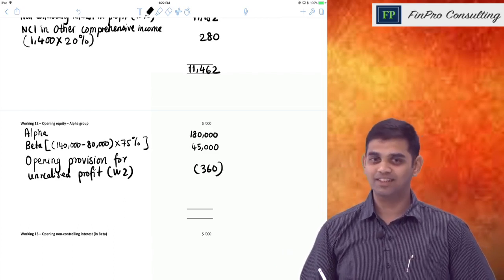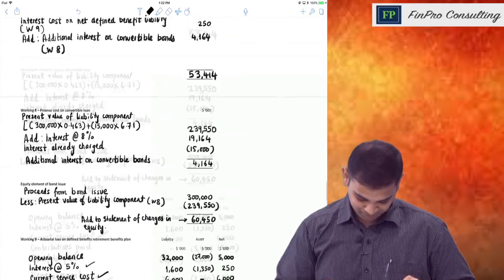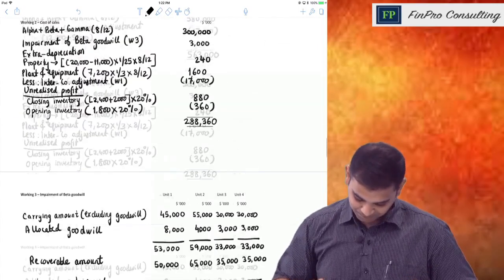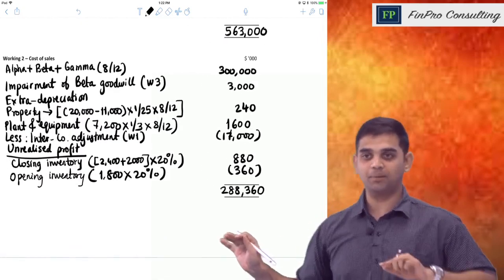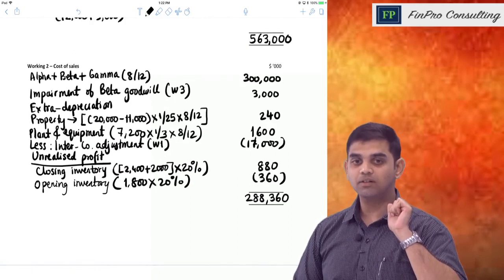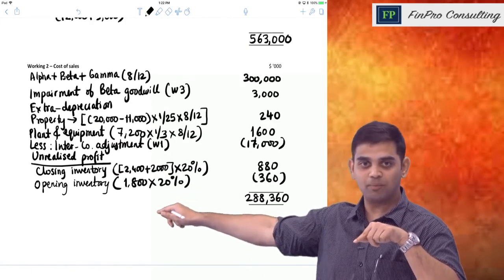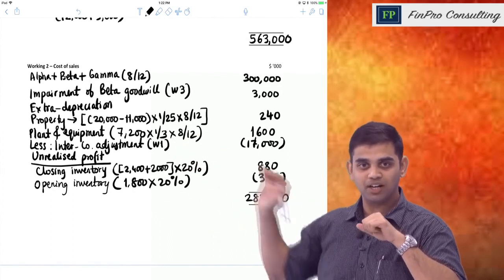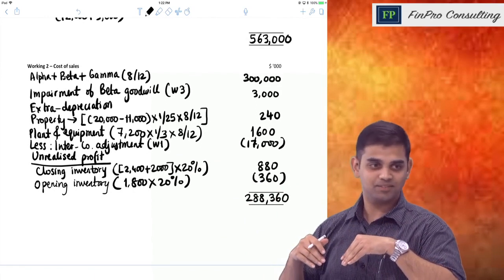Did not understand? See, okay, again go to working note number 2. Now, don't refer to this 360, refer to 880. Why do we increase the cost of sales? To reduce profit. That means the 360 amount last year should also have reduced last year's profit. So it should have been reduced, meaning my net assets will be lower.